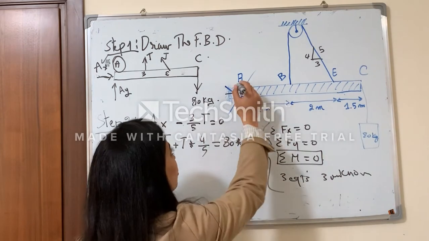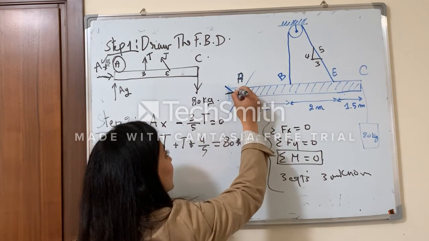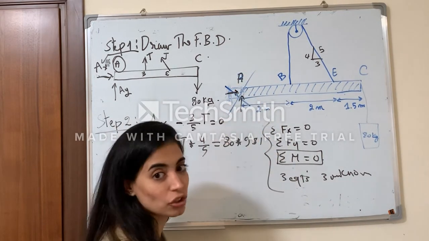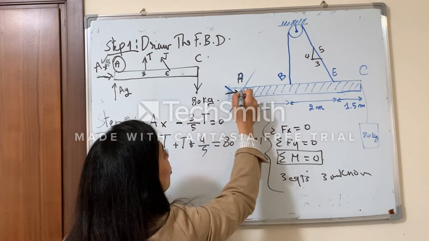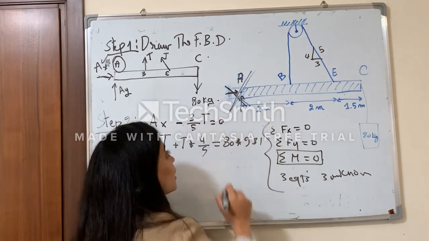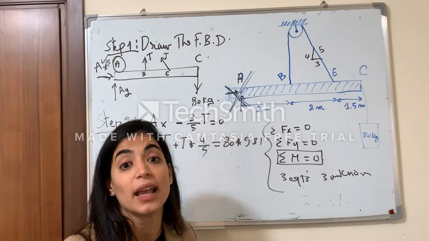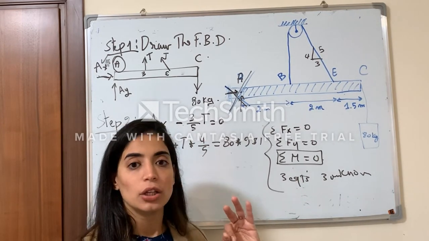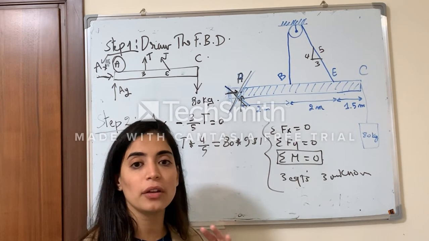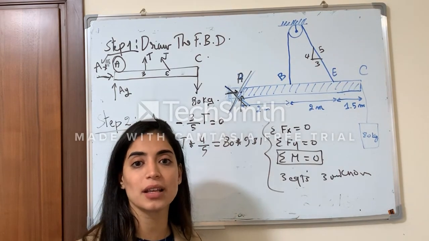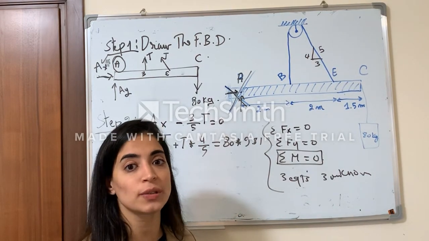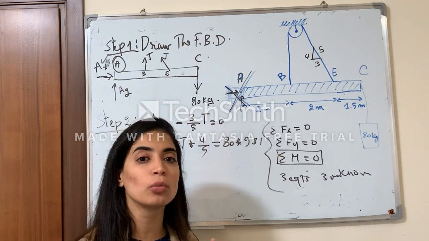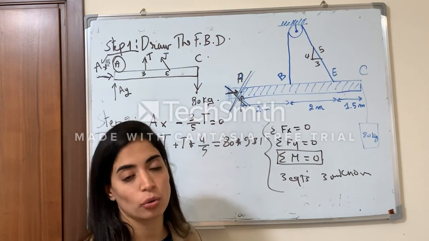It is basically point A, because in fact at A I have two reactions, and if I take the sum of moments at A, these two reactions will vanish because they are passing through A. So basically guys, you should behave in a very smart way by taking the sum of moments at the point of intersection of one or more reactions or unknowns.